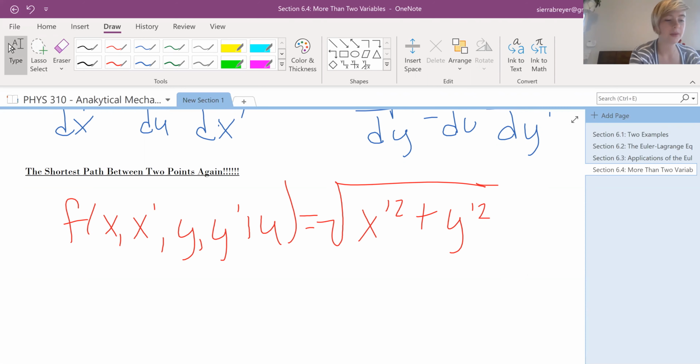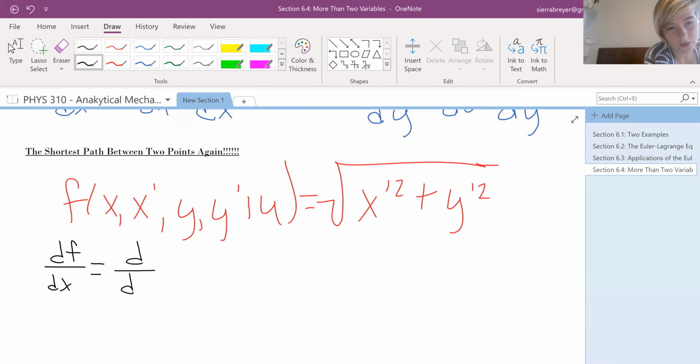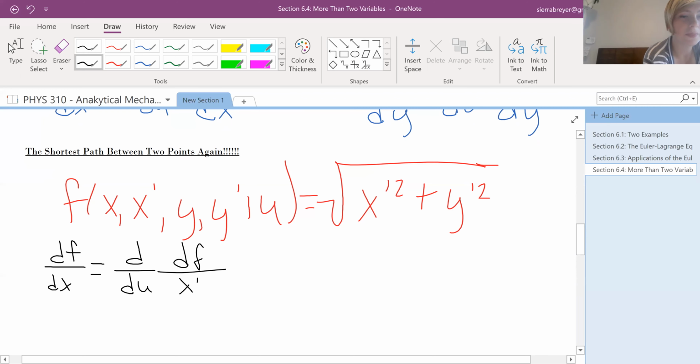Isn't that cute? So then we're going to take those Euler-Lagranges, and I'm going to do the x first. So x is going to be d/du of df/dx prime, and this is going to be 0. I'm going to do it in two steps like I've been doing.